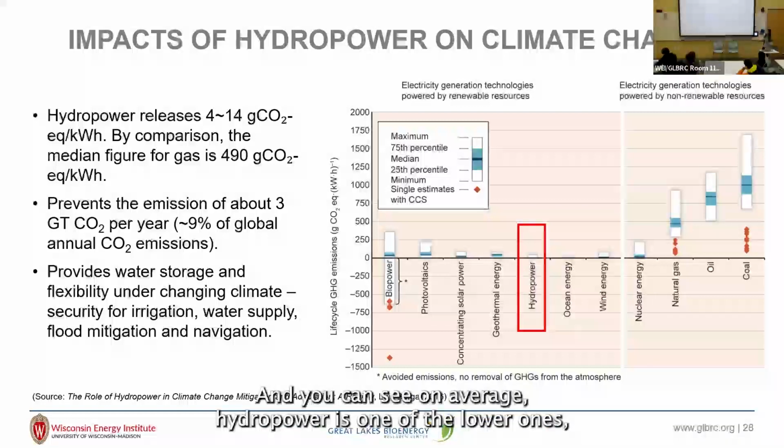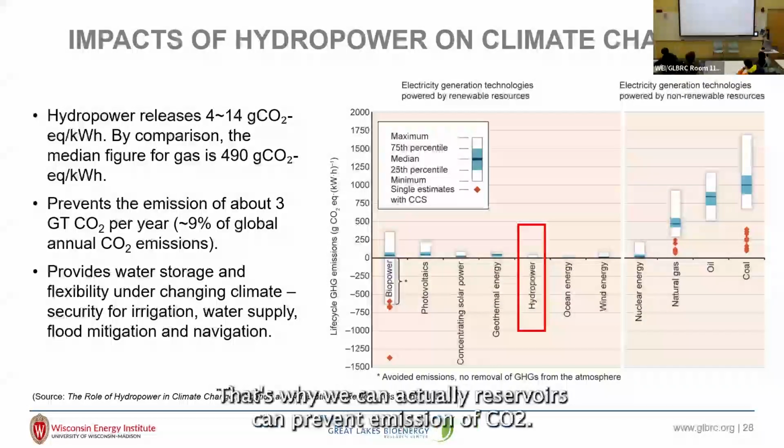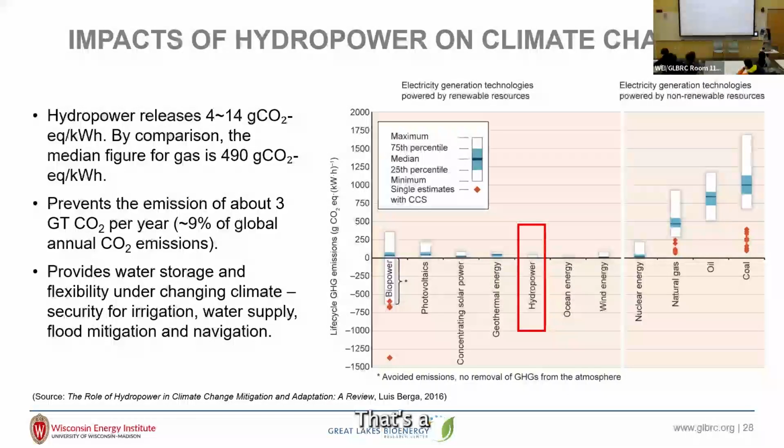You can see on average, hydropower is one of the lower ones, if not the lowest. We'll also be able to store some of the CO2 in the reservoir water. That's why the reservoirs can prevent emission of CO2. That's a very big benefit as well.